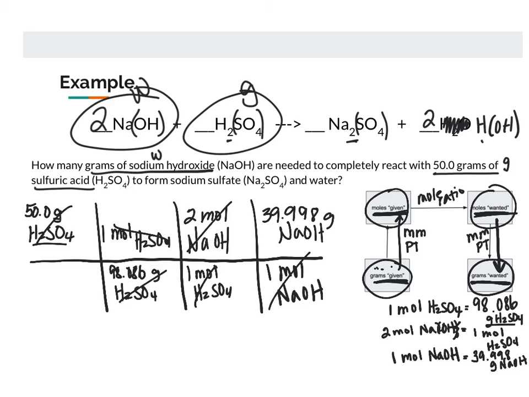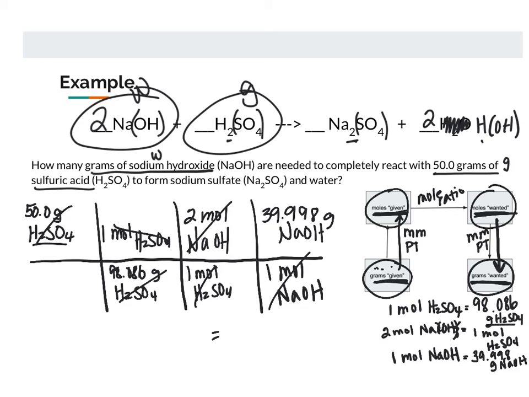So 50 times 2 times 39.998 divided by 98.086. All right, and if you do that in your calculator, you should get 40.7785, some more numbers.